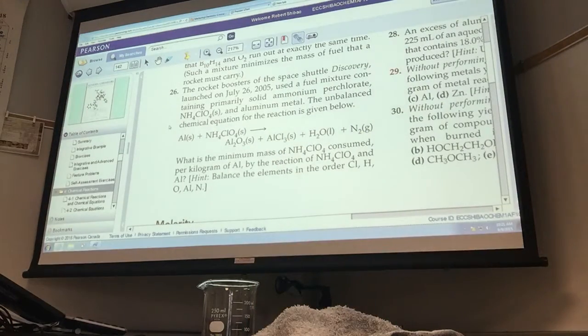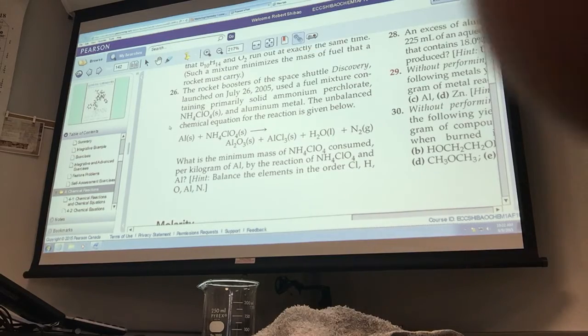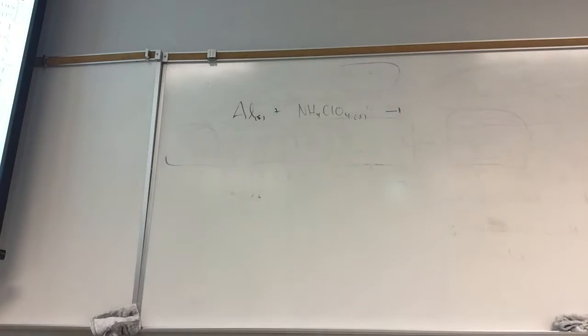But if that wasn't at the tip of your tongue, then you need to do some review. Ammonium perchlorate, solid. Ammonium salts are soluble, so there must be no water around to make this solid. And so aluminum plus ammonium perchlorate, what do you think is going to happen? And so you look at this reaction. Does this look like a double replacement reaction to you? Does it look like a single replacement reaction to you? Maybe. You know, single replacements have the form A plus BX, right?